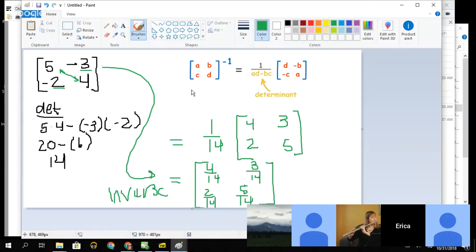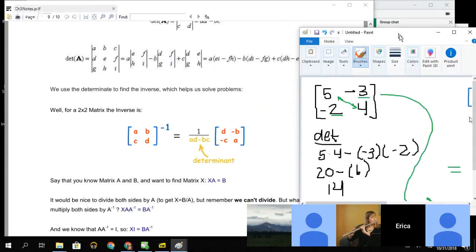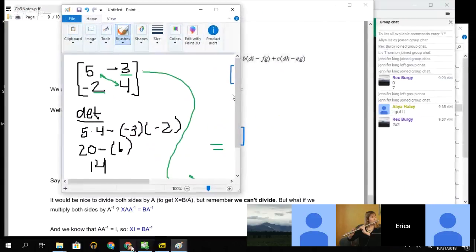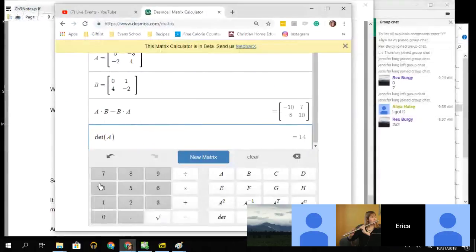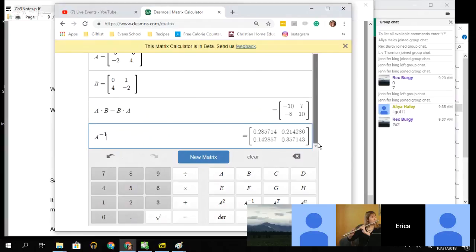I promise this has a point, not just to torture you with lots of different matrices. Okay, if I go to my matrix calculator now and ask it to find the inverse of A, which looks like this, it gives me these numbers. I don't know if I divide, where's my math problem here?